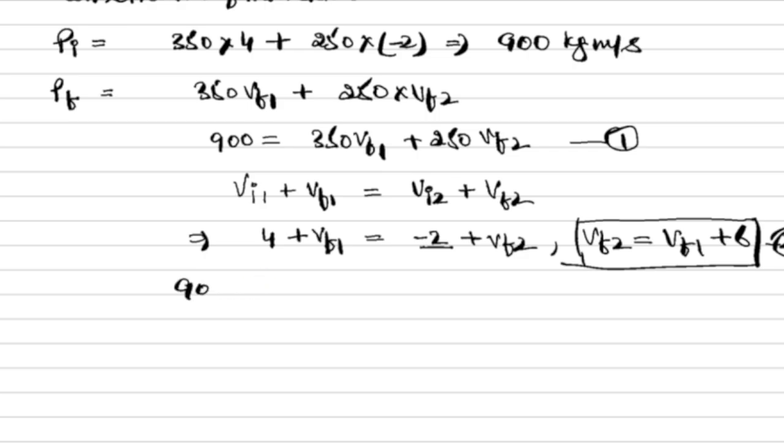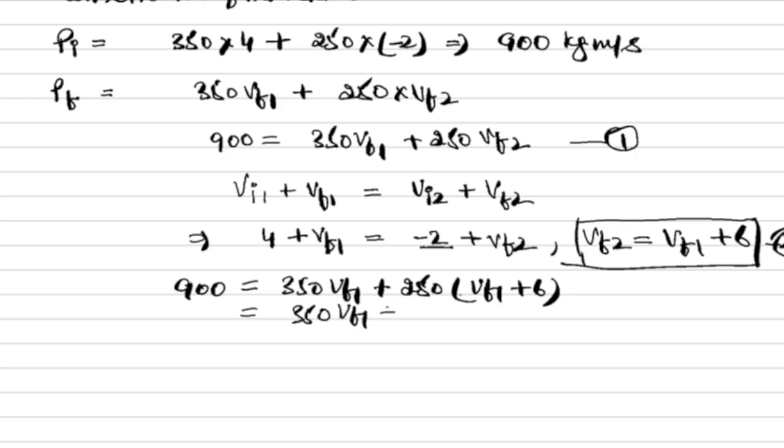So 900 equals 350 VF1 plus 250 into, we can put VF1 plus 6. So now 250 into 6 will be 1500. So 350 VF1 plus 250 VF1 plus 1500.